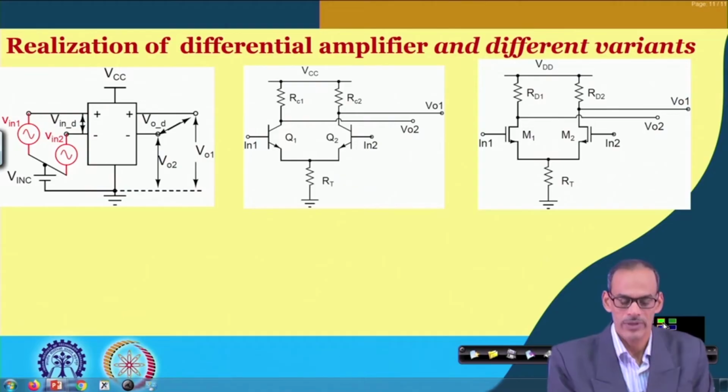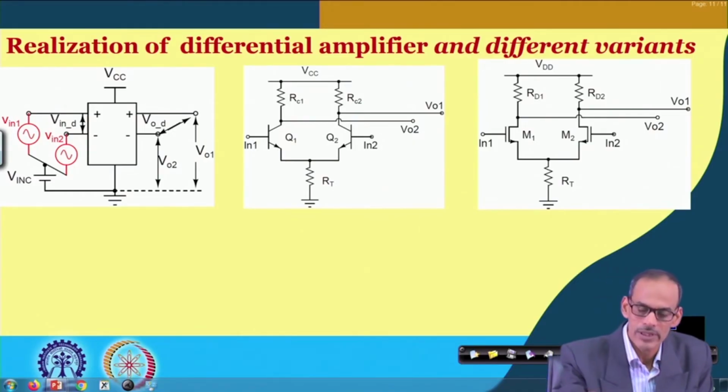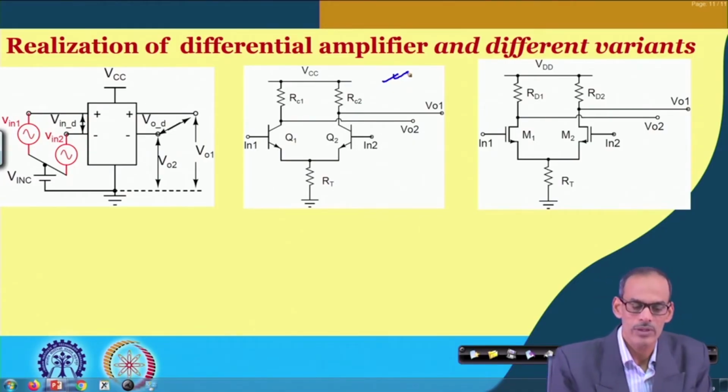I should say it is basic, but still it is a practical circuit. Many times it is also used in actual circuits, and for whatever concepts we will be discussing related to the differential amplifier, these circuits are good enough.